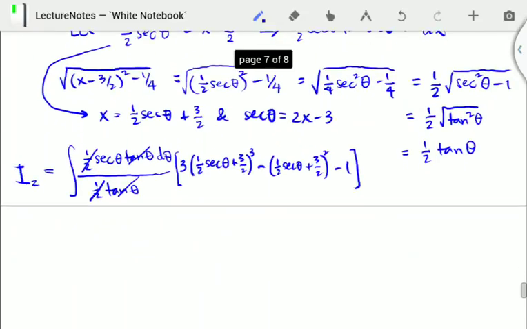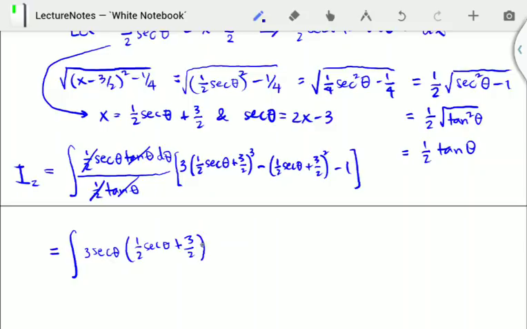Our I2 now will become equal to the integral of 3 sec theta times 1/2 sec theta plus 3/2 cubed, minus, let me distribute the sec here, sec theta times 1/2 sec theta plus 3/2 squared, minus sec theta.